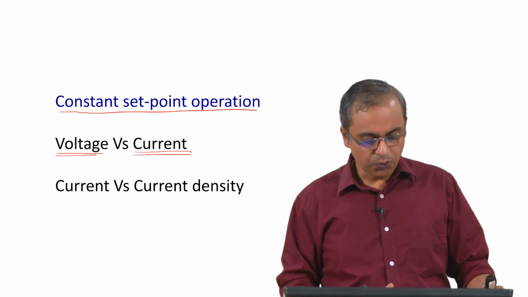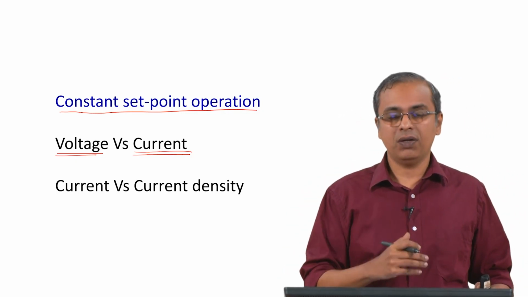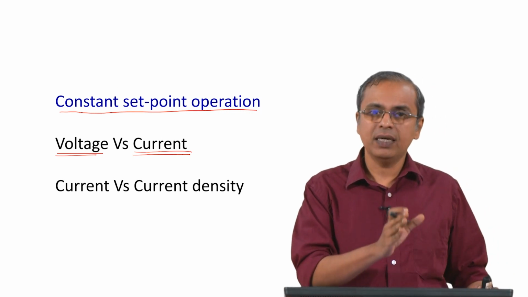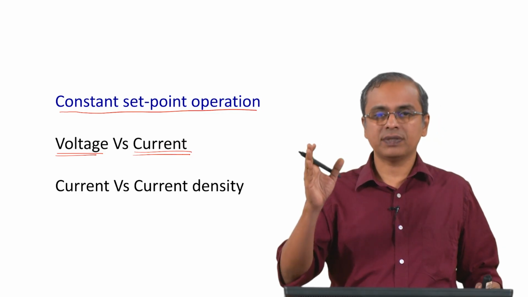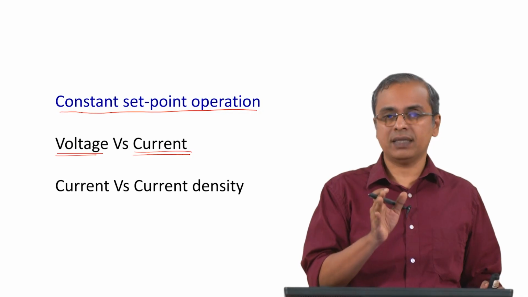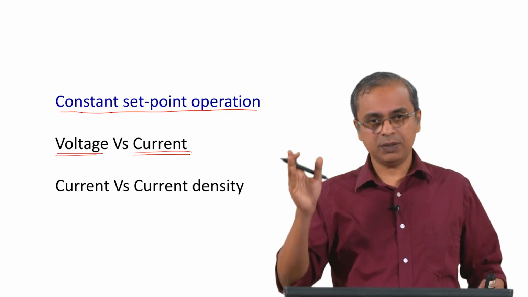Okay. So voltage basically represents the chemistry of the system. You have some reaction occurring at the anode, you have some reaction occurring at the cathode. What is that constituent that is reacting, what is the product that is being generated?